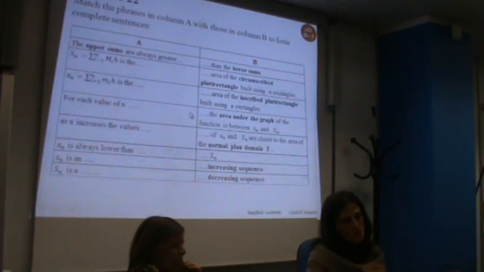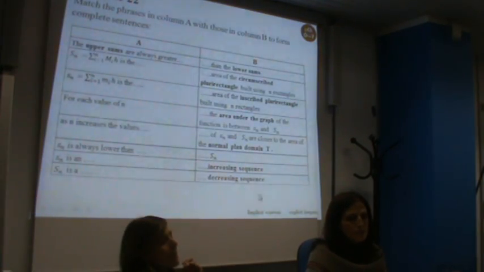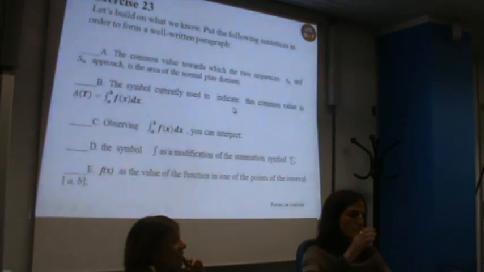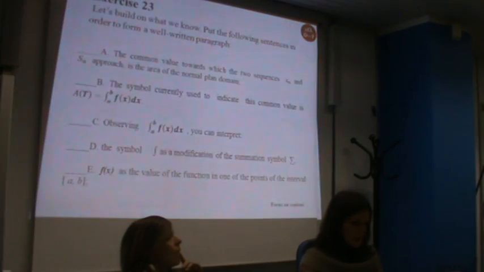Here we go on with the academic language, talking about increasing sequences, for instance, and decreasing sequences. And then in this exercise they have to put these sentences in order to have a well-written paragraph, and this is a content exercise.